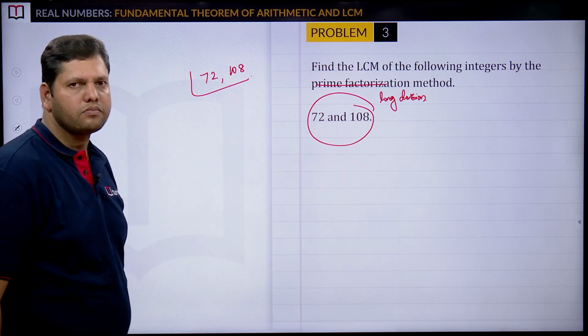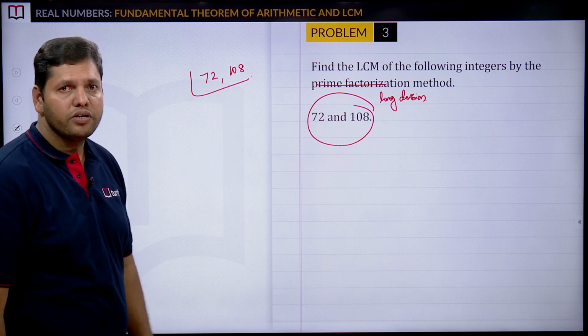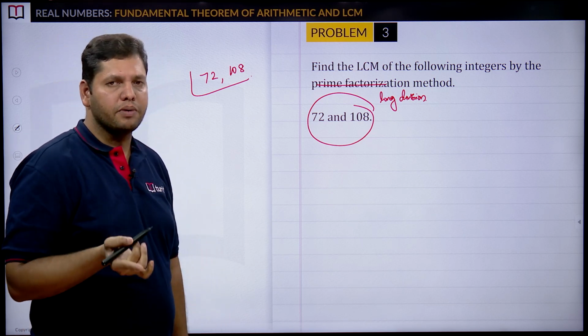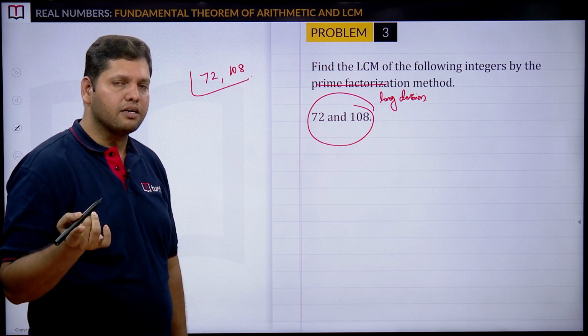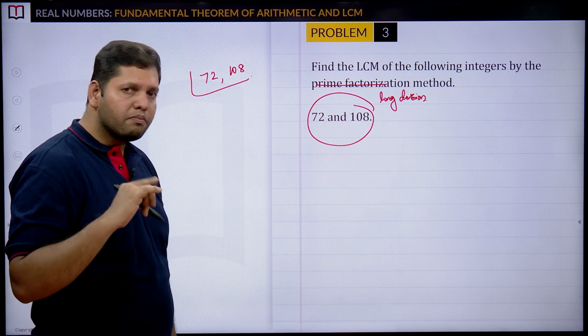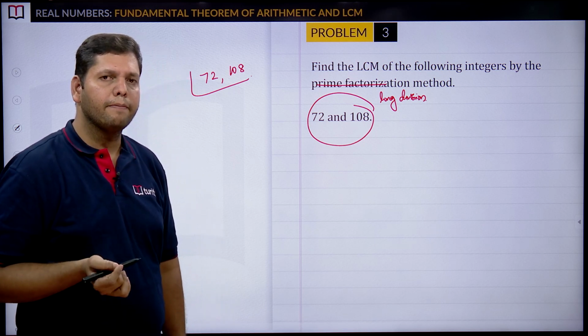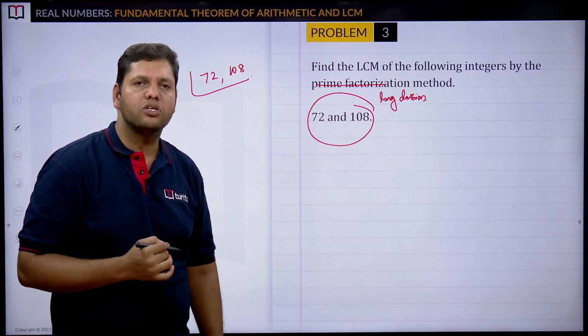Now children, can you tell me which number divides both 72 and 108? That number we have to select. It should be a common divisor, otherwise we can say a common factor. So which number divides both 72 and 108? Can you guess and tell me?